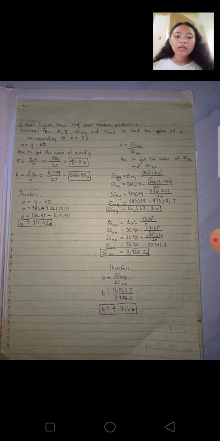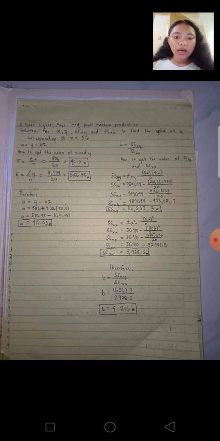And then i-subtract na nato ang summation of xy sa result sa summation of x times summation of y over n, which is nag-come up ta sa value sa SSXY, which is 16,562.3.